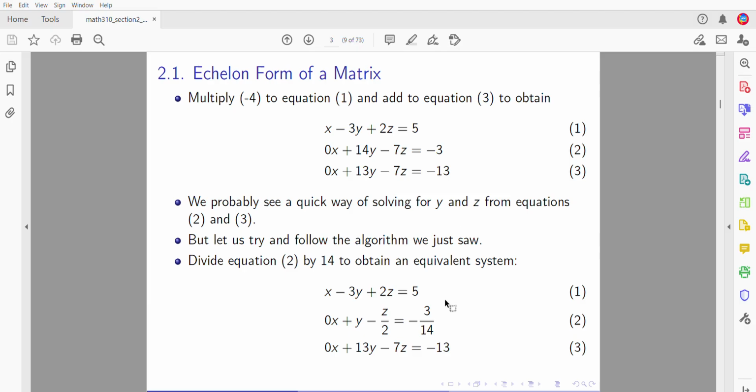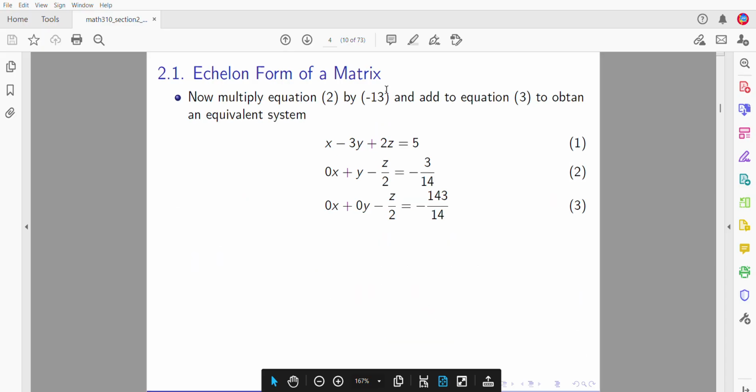You obtained a 1 here. Now multiply the second equation by negative 13, add to the third equation to eliminate y, and that y became a 0. Now all you have in the third equation is z.